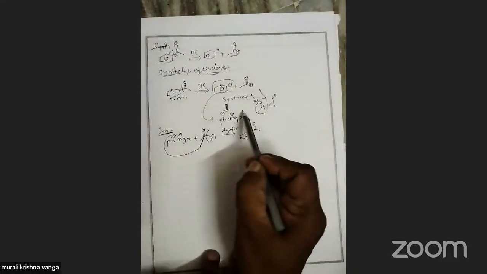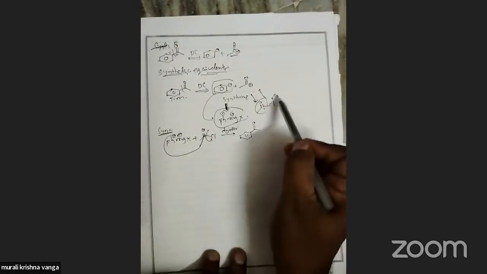This is the synthetic equivalent. Synthetic equivalents are real substances which carry out the function of synthons. Based on this, synthons are of two types: positive synthons and negative synthons.